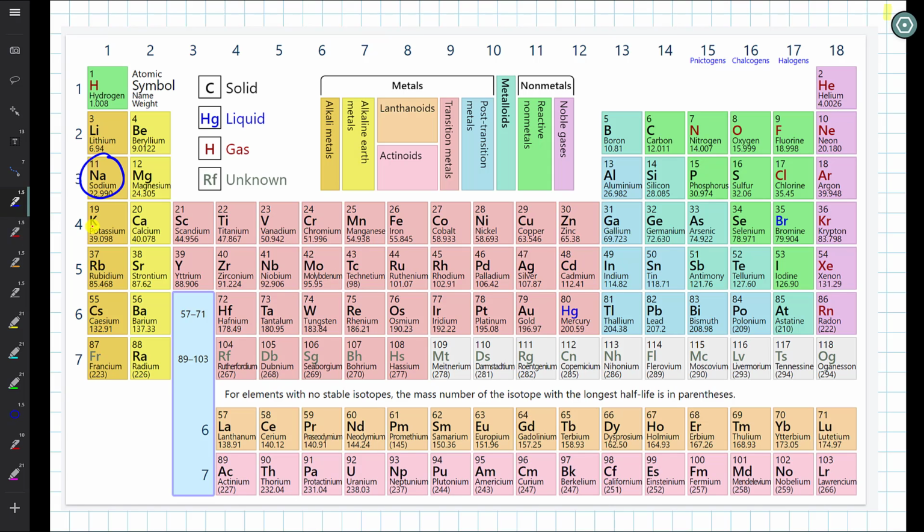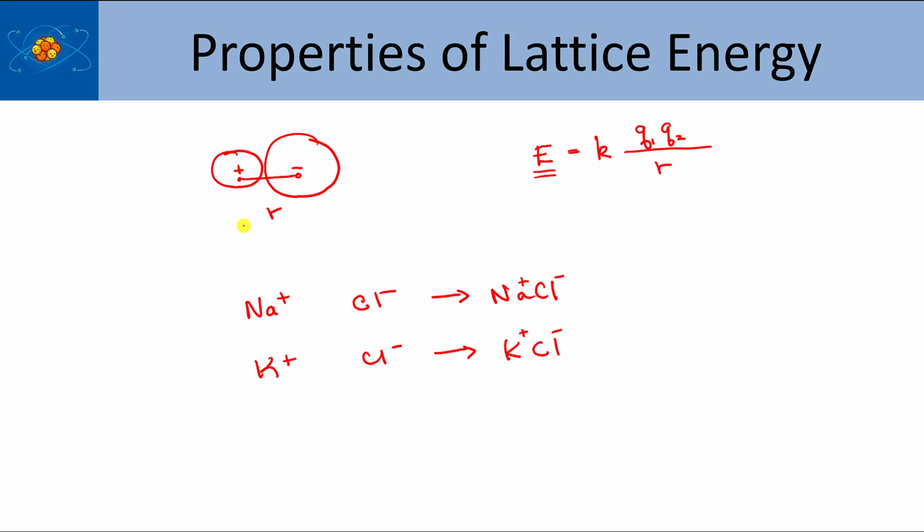And this is true whether it's the metal, sodium or potassium, or the ion. As you move up, they get smaller. So when you look at the lattice, the ionic bond radius for sodium chloride is smaller. What does that mean? It means it has a larger lattice energy.